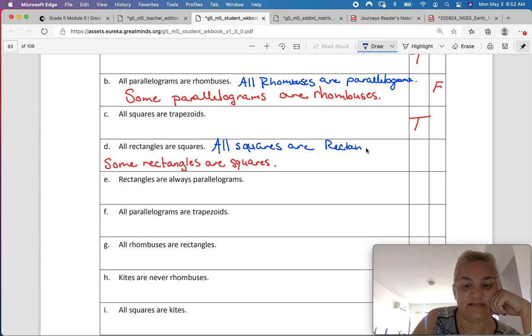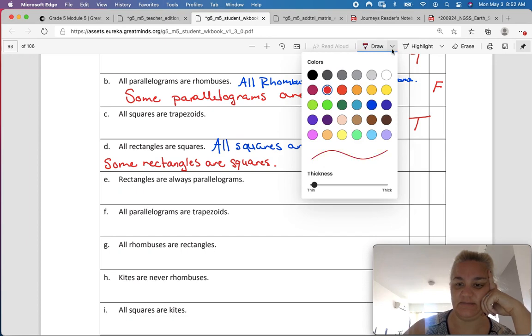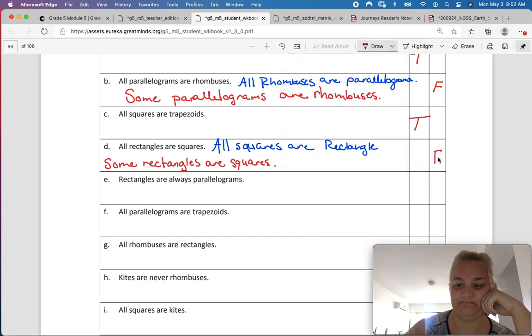And that would be true because the rules for rectangles are 4 sides, 2 sets of parallel lines, and 90-degree angles. And squares are 4 sides all the same with 90-degree angles. So this one is false, but we just made it true with our new statement. Rectangles are always parallelograms. Well, the rule for parallelograms is 2 sets of parallel lines. So rectangles always have 2 sets of parallel lines, so that is true.